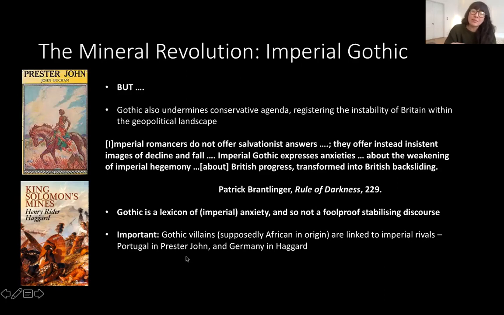And what I find really interesting here is that in both of these texts, the supposedly African villains, the supposedly African monsters, are explicitly connected to other imperial powers in Northern Europe. In Prester John, the revolutionary king is shown to be working in tandem with a Portuguese associate.